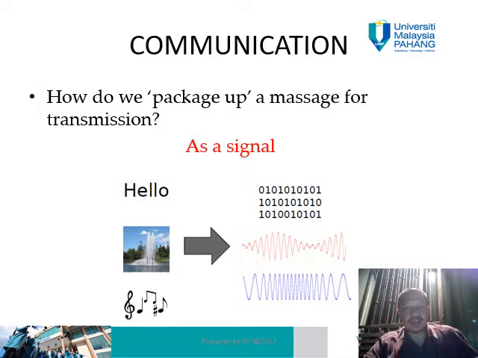Okay, now what is the information? How do we package up a message for transmission, or how do we create the information for transmission? One example is the voice, like when we are talking, we say hello.